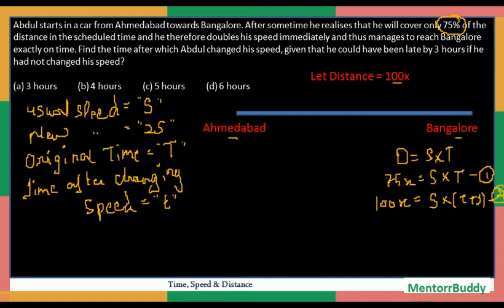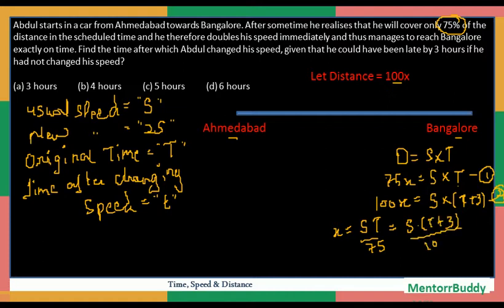So the first equation and second equation will do one thing. By this we'll figure out the value of capital T, the total time taken. So equating with respect to x, this can be written as x is equal to s into t by 75, that will be equal to s into t plus 3 by 100.